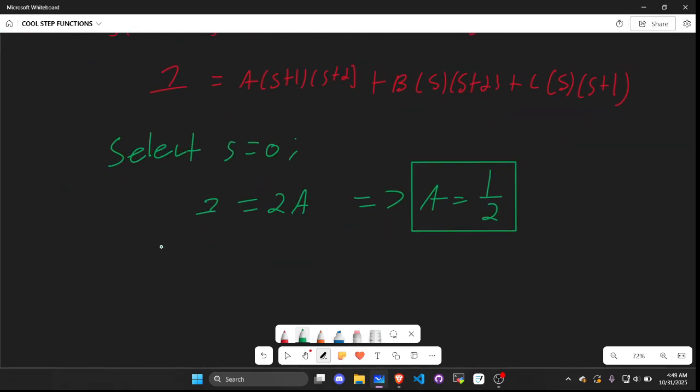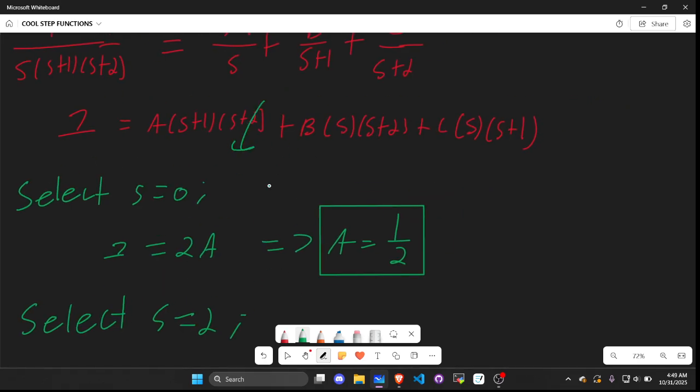All right, and now we're going to select our next s, which will be s equals -2. When s equals -2, the other terms cancel, and that one is the only term that's left.